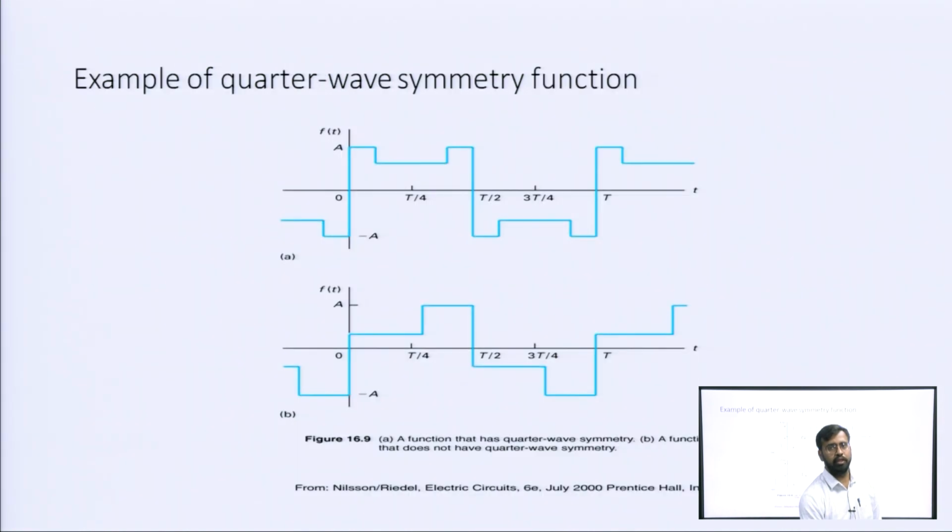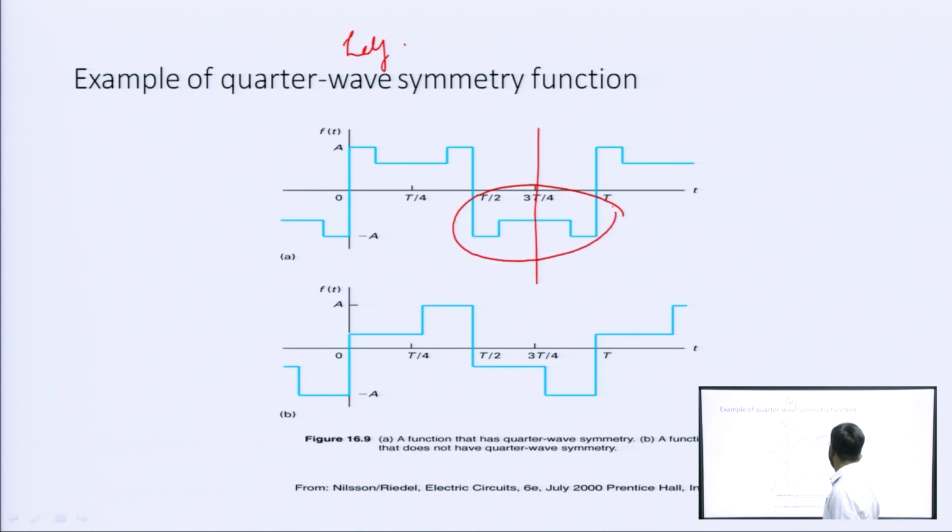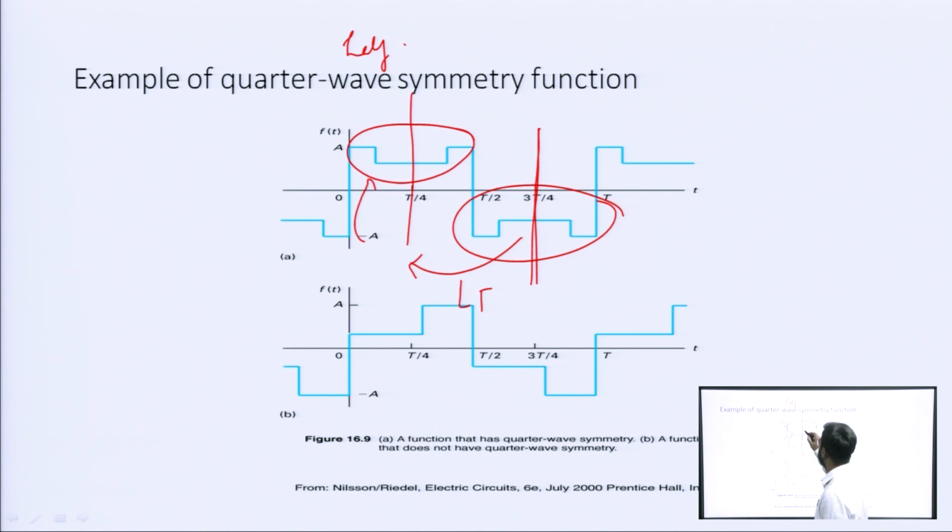What is quarter wave symmetry? Quarter wave symmetry has one additional thing: it is half wave symmetry plus it is also symmetric in its respective half. If we draw the axis here, this signal is also symmetric. It is also half wave symmetric, because if you do left folding and then up folding, you will get the same signal.